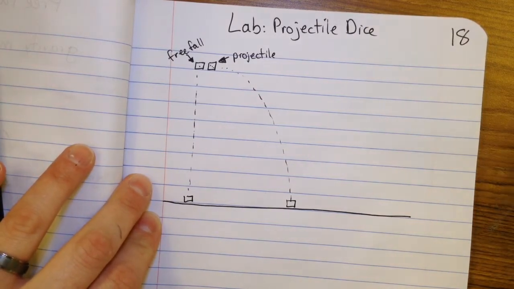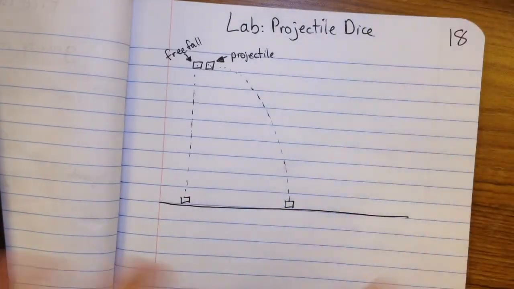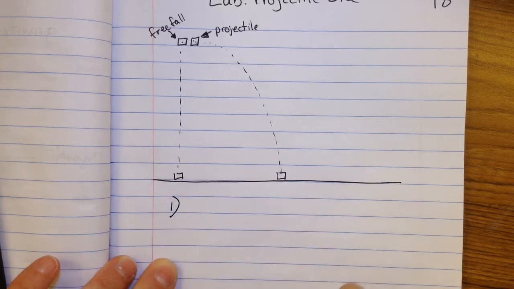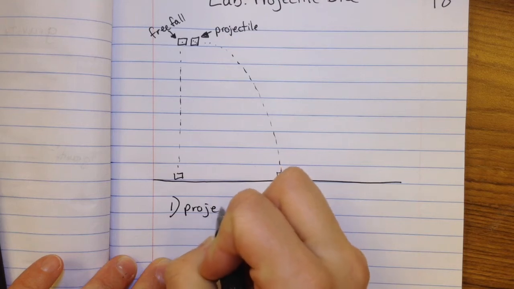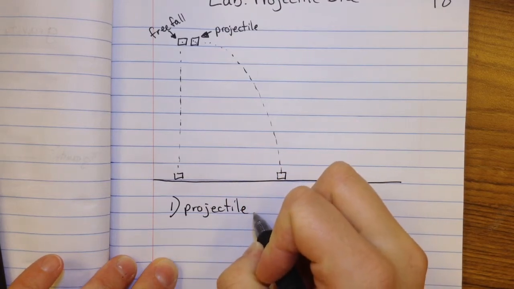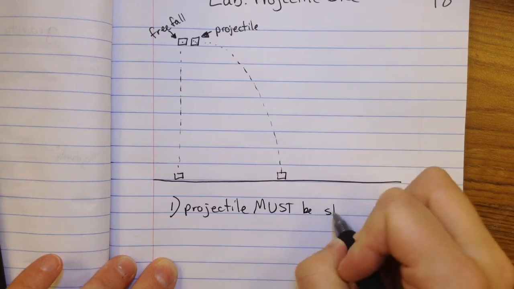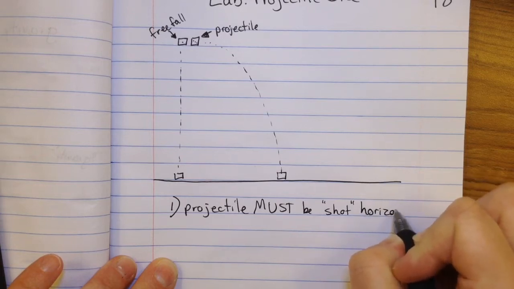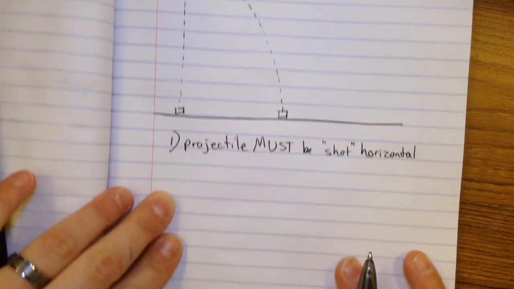Procedural-wise for this lab, under the conditions, at number 1: you create the condition where the projectile must be shot horizontal.